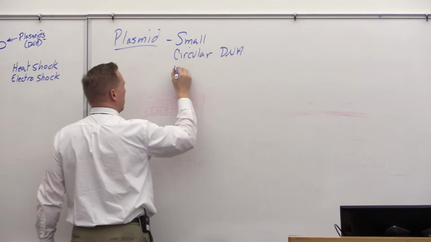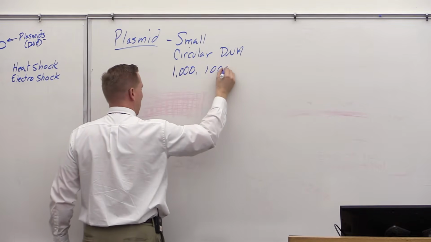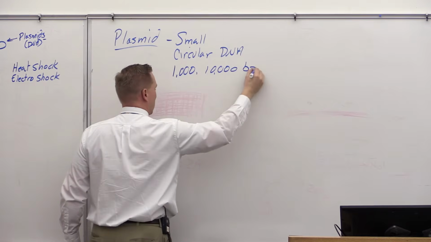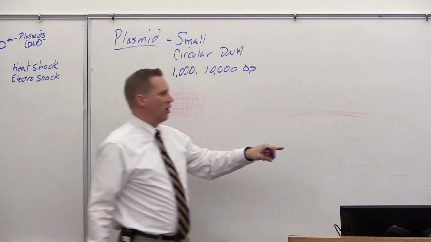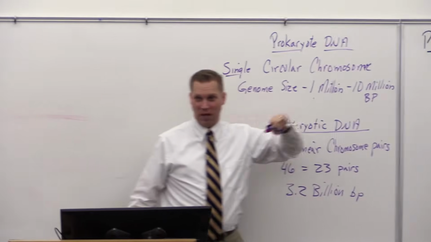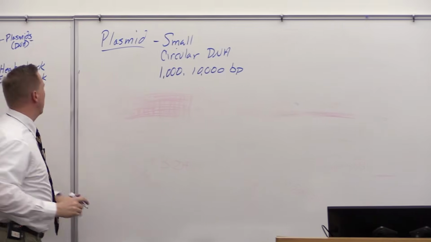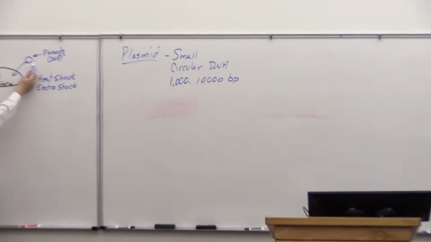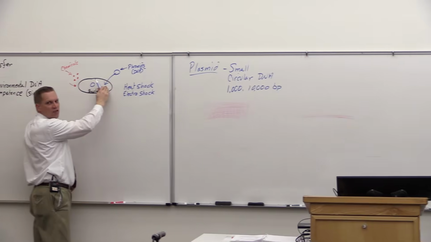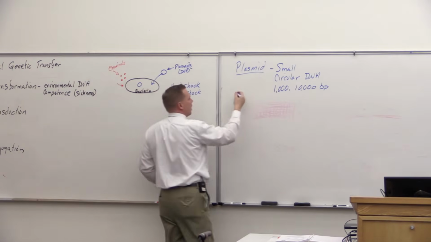So these ones would be anywhere from 1,000 to maybe 10,000 base pairs. Whereas remember over here, our prokaryotic DNA was 1 million to 10 million base pairs. So these are quite a bit shorter, which is why you'd never be able to get a bacterial chromosome in through transformation. It would be far too big. But these little plasmids can come in.